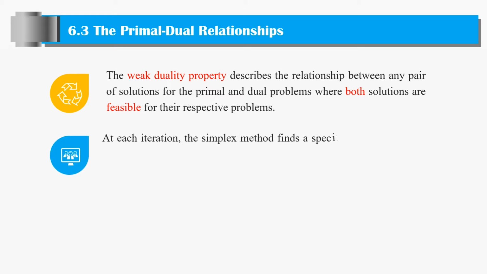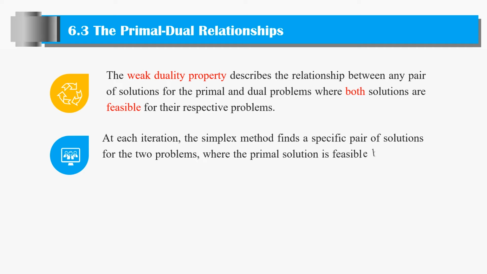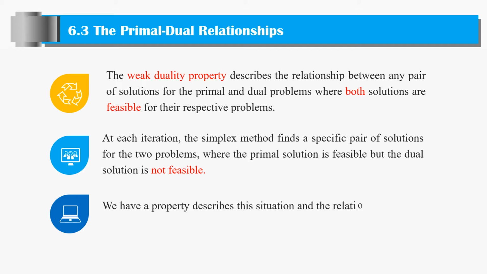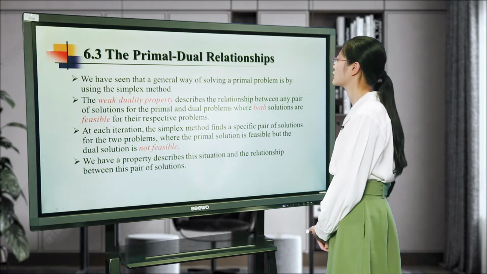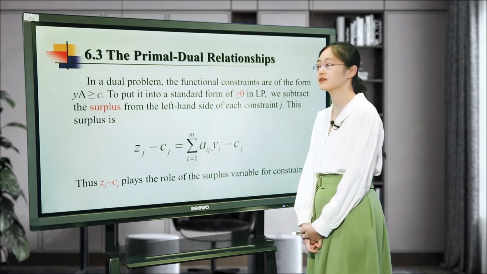At each iteration, the simplex method finds a specific pair of solutions for the two problems, where the primal solution is feasible, but the dual solution is not feasible. We have a property that describes this situation and the relationship between this pair of solutions. But first, let's look at the relations of the solutions of these types of problems.